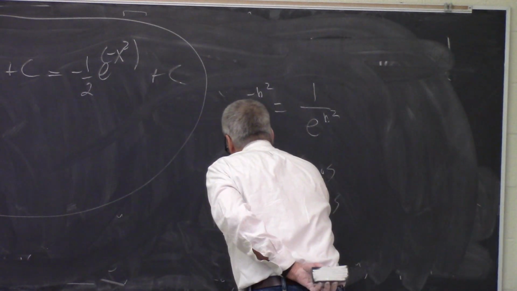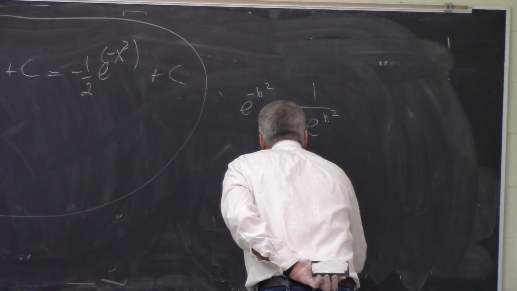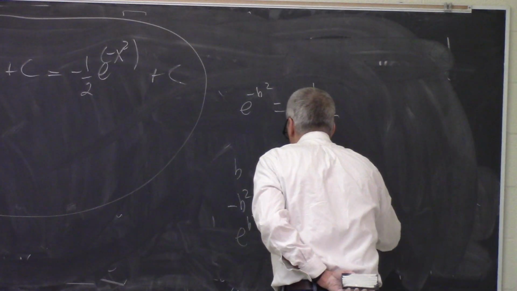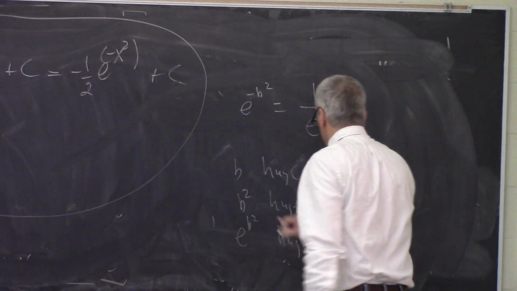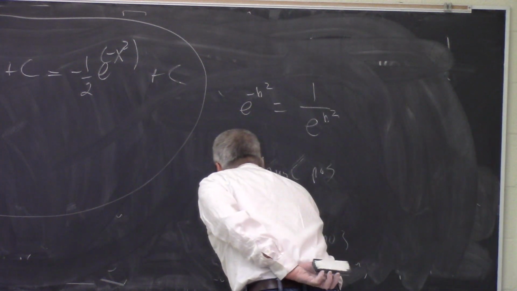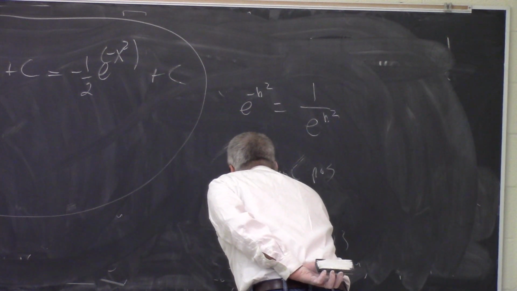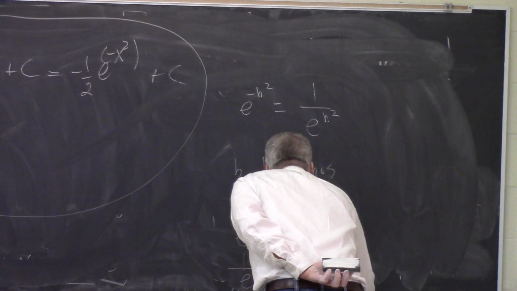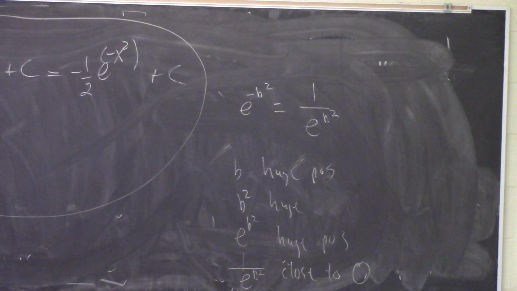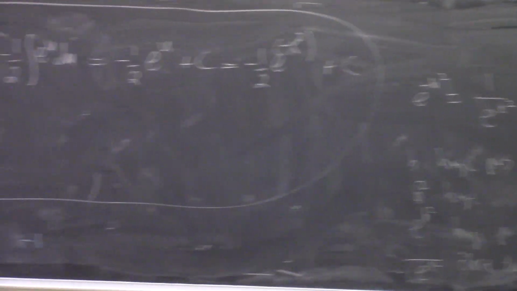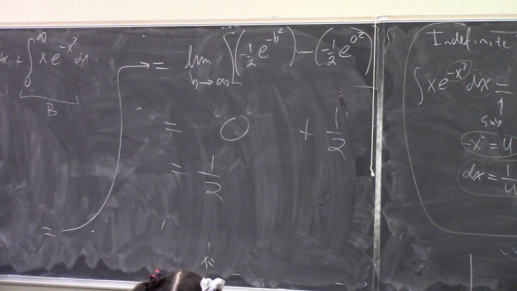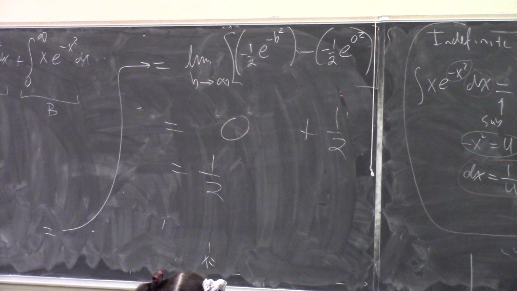So e to the b squared is huge and positive. E to the b squared is huge and positive. So 1 over e to the b squared is very close to 0. So this term here goes to 0. So that white area on the right side has value 1/2.